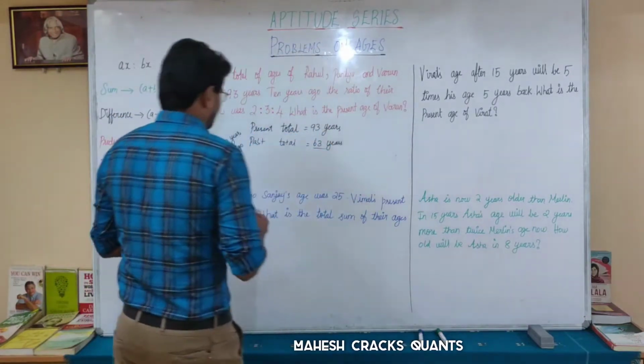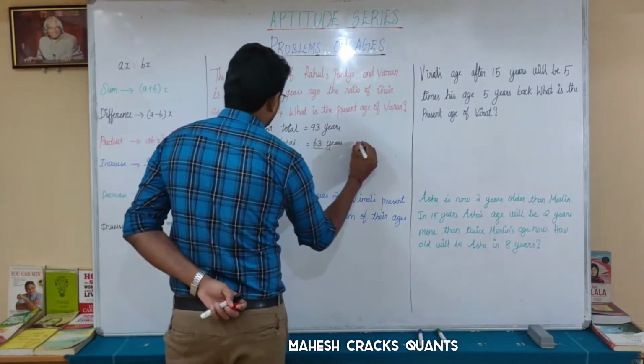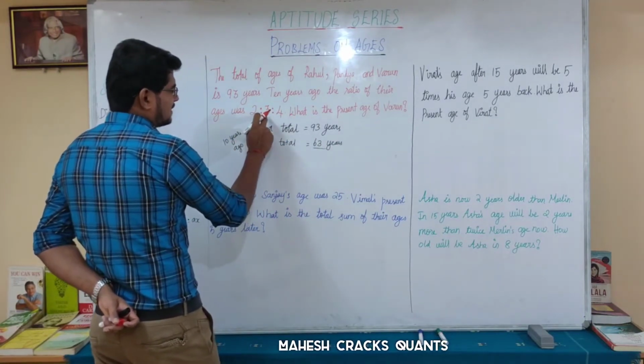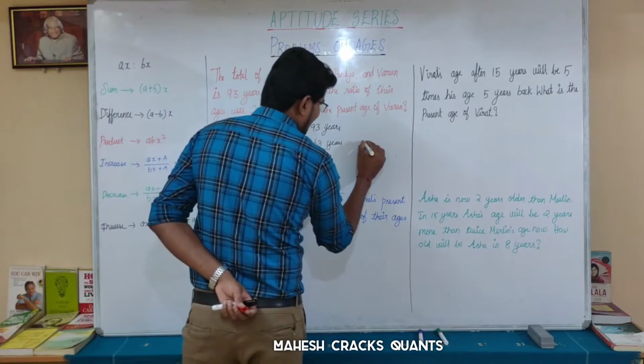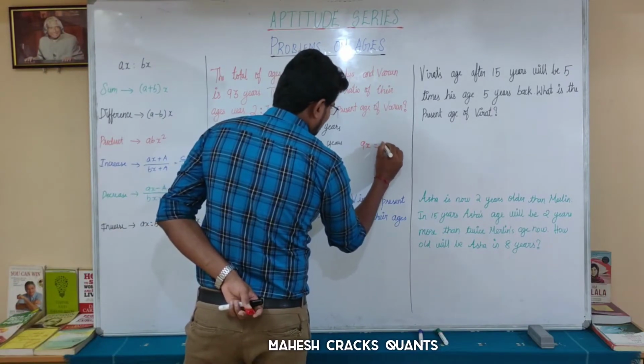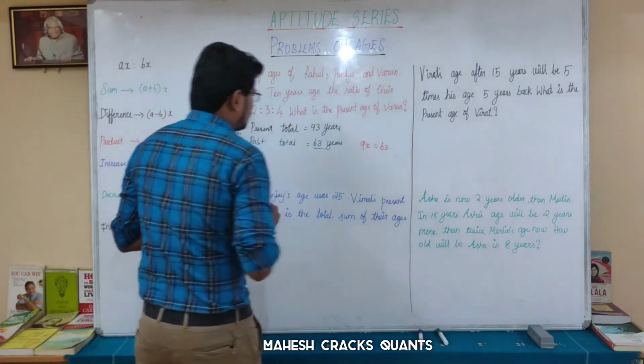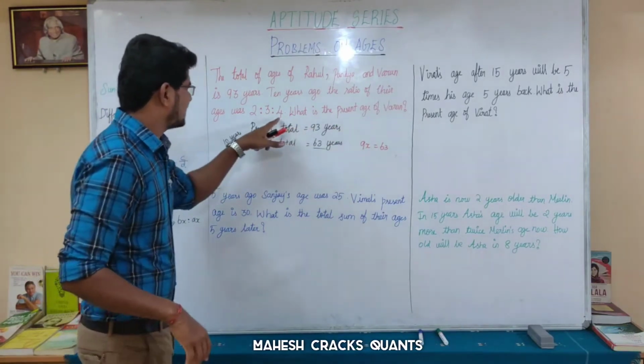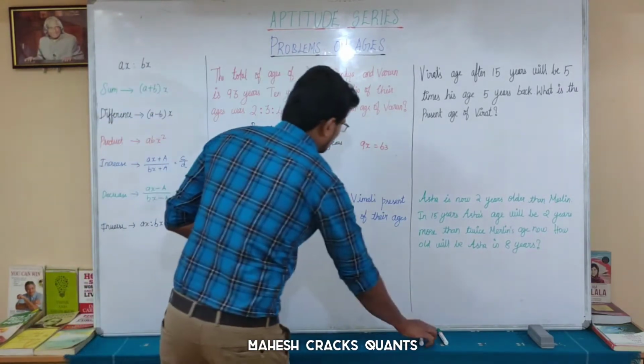Split it. Total 63 is nothing but 2x plus 3x plus 4x. 2x plus 3x is 5x, 5x plus 4x is 9x. So 9x is equal to 63. The question is to find the age of Varun, which is 4x.